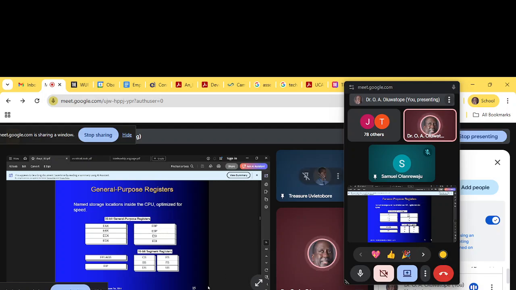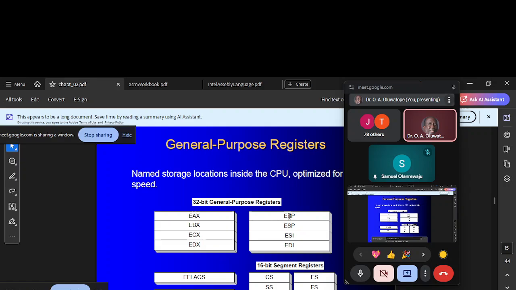So now let's look at the base and the index on the other side. BP means base pointer. Base pointer is 16 bits, but when it is extended, it becomes 32. Stack pointer, SP, is a register that is used to monitor the stack. A stack is a specialized memory which is used to manage data movement.